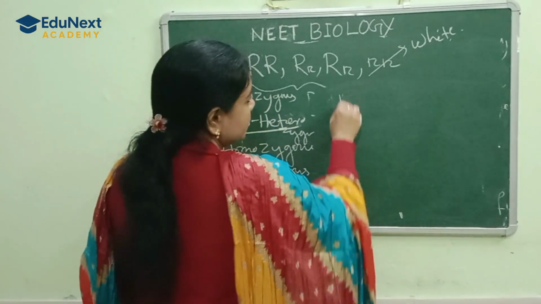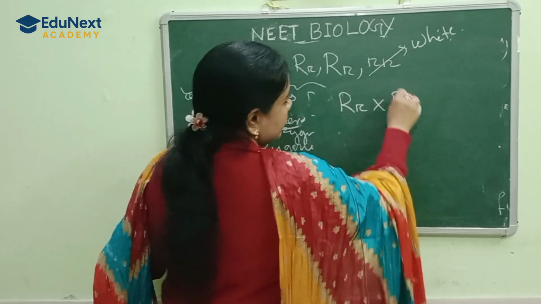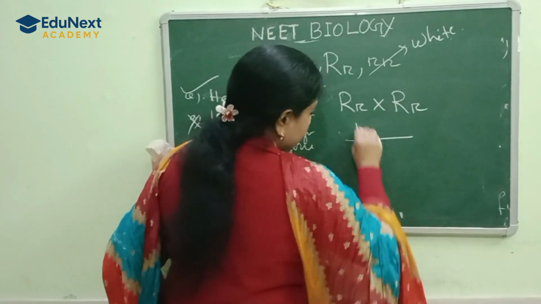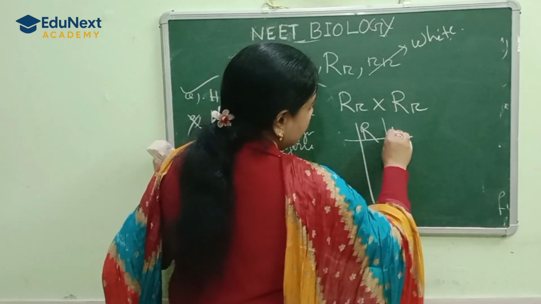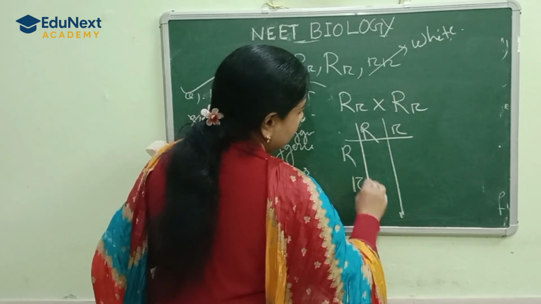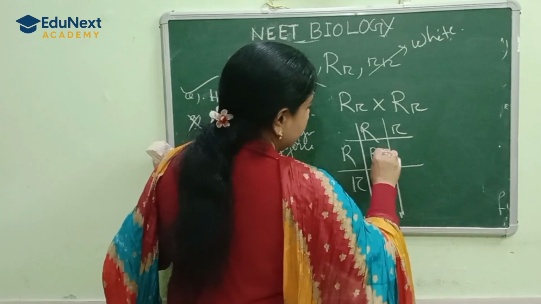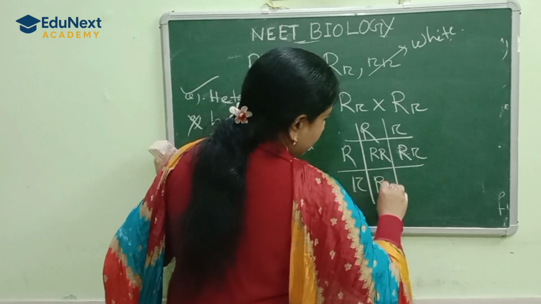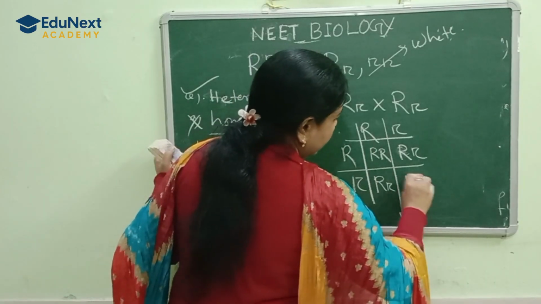So, heterozygous means both the plants are heterozygous and we are going to cross them by Punnett square. Now see, this is Rr, okay, and Rr.